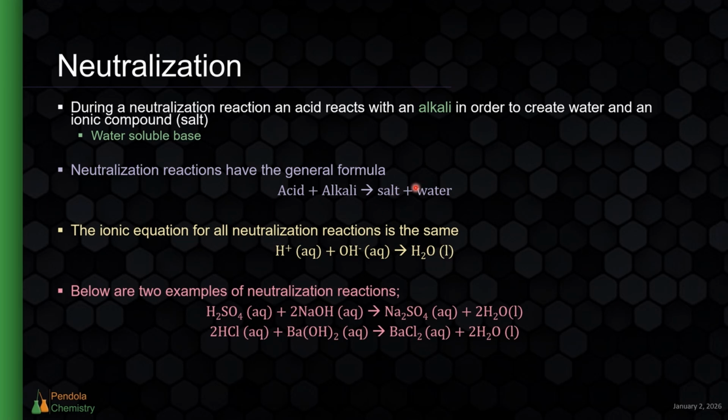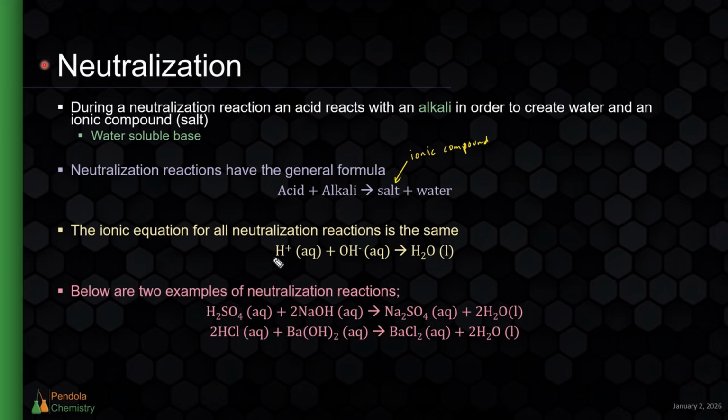The salt, the ionic compound that is made from this reaction, will depend on what our acid and base are. So a few things to point out here. Salt. What is a salt? A salt is an ionic compound, and it is made from the cation of the base and the anion of the acid.